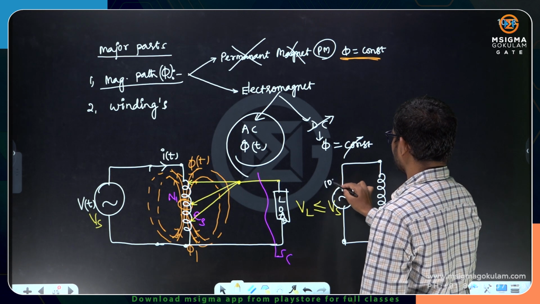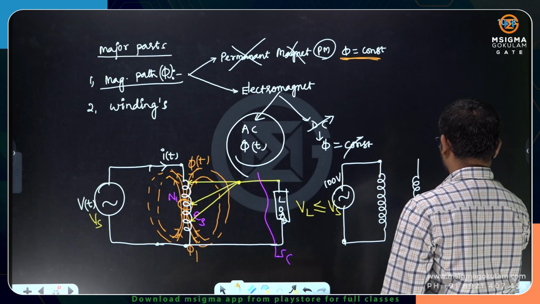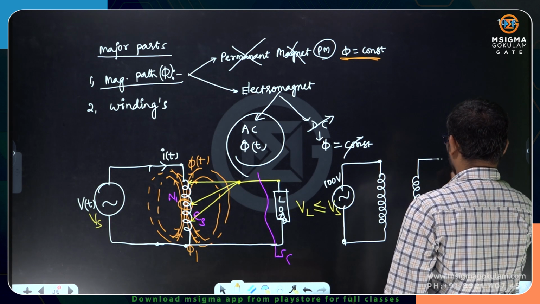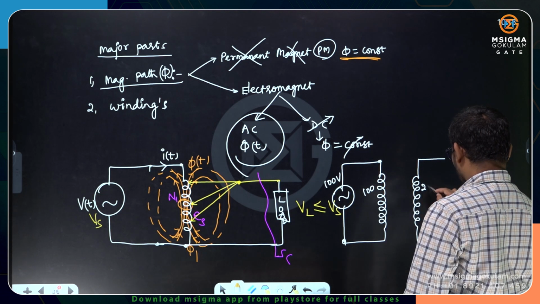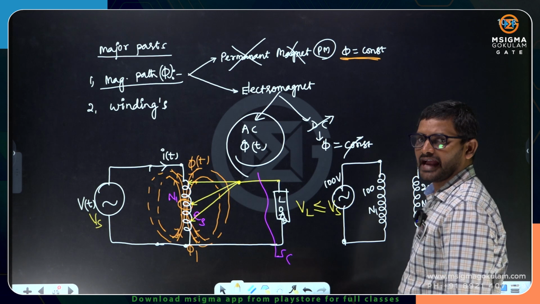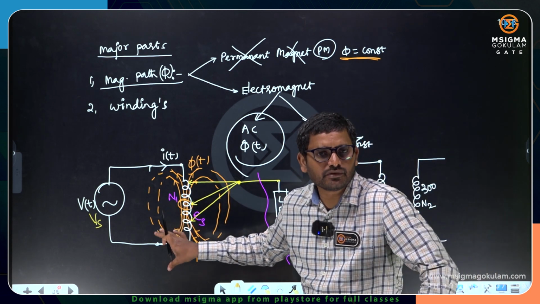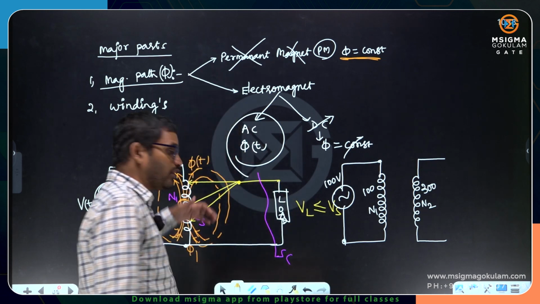Let me take this supply voltage as 100. Now I am taking one more coil on this side. If I take 100 turns here, now I can take 200 turns or 300 turns here. N2 will be greater than N1. Why? I am suffering from low voltage. I want more voltage.